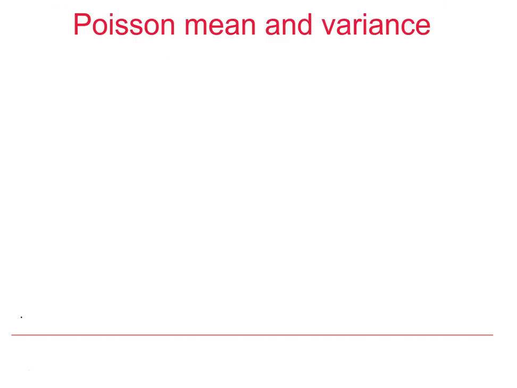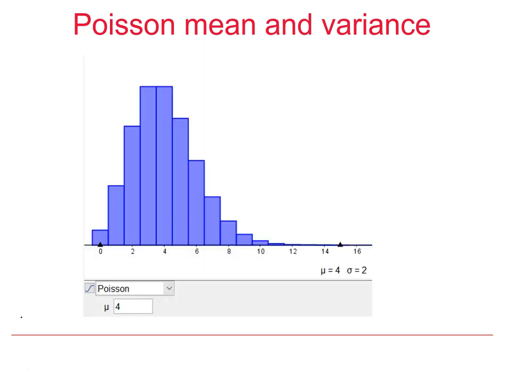So with the Poisson distribution, there is a very particular relationship between the values of the mean and the variance. If you're used to using GeoGebra, you can use the probability calculator to investigate some different values of lambda.